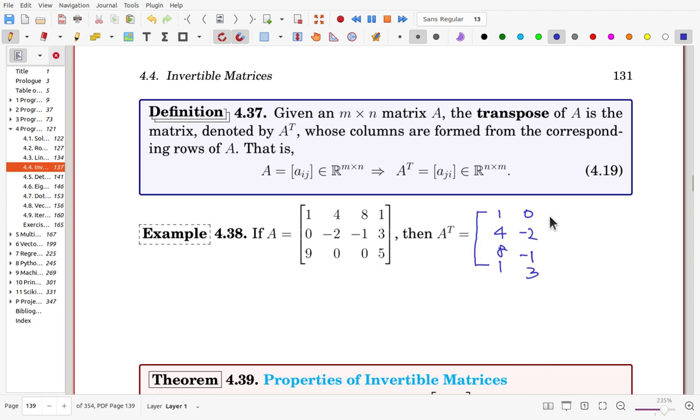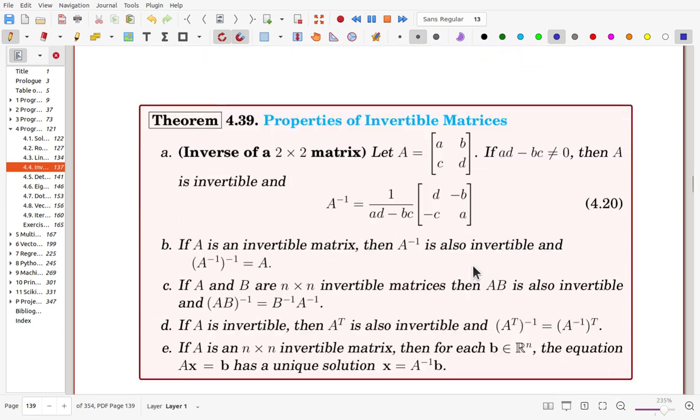The third row goes to the third column, 9, 0, 0, 5. Or you can say that the first row goes to the first column, second row to the second column, third row to the third column, and the final row to the final column. You may think of it that way. Either way, they are the same.